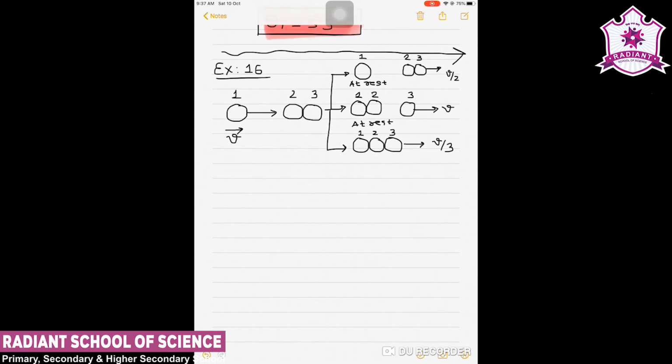Let me check. Let m be the mass of each ball bearing. We are given that the mass of each ball bearing is the same.